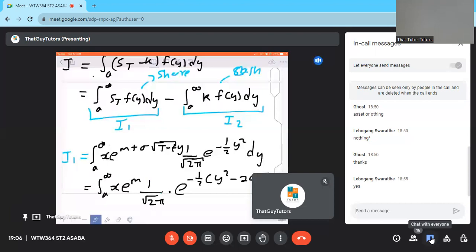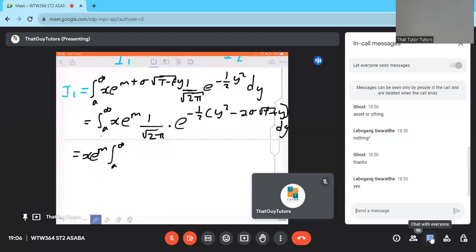So you're going to have 1 over 2, y minus sigma square root of T minus t, everything squared, and then that is going to also be minus 1 over 2.